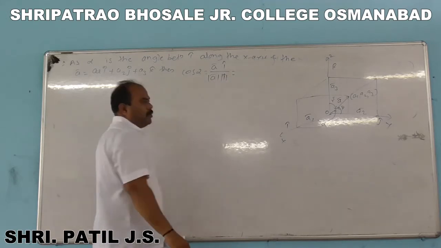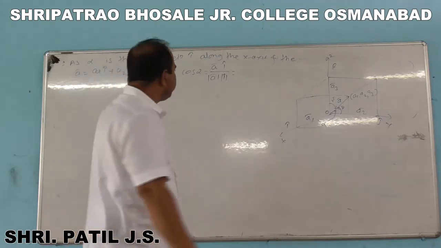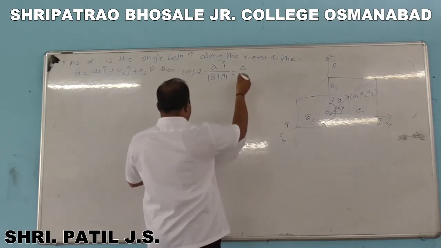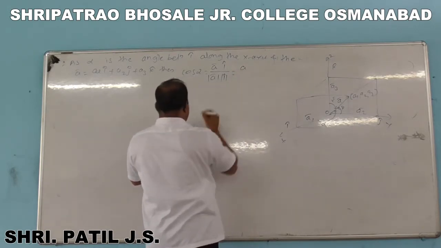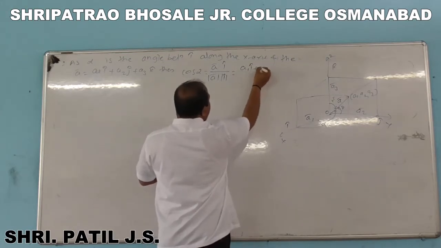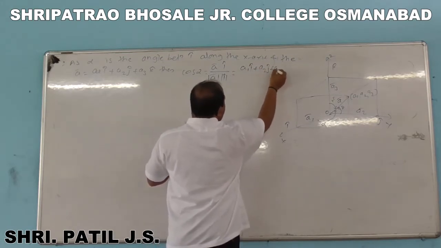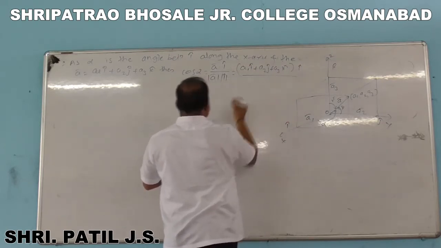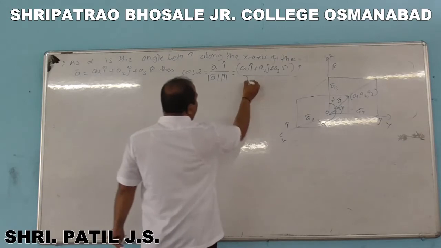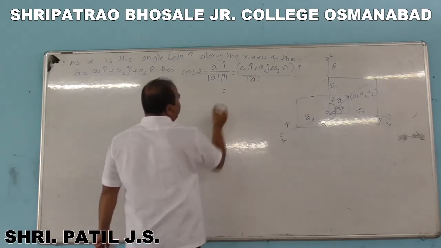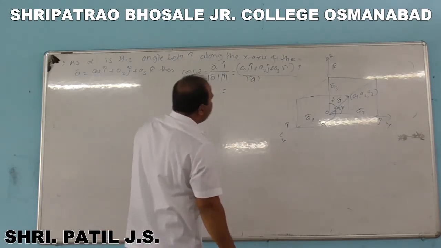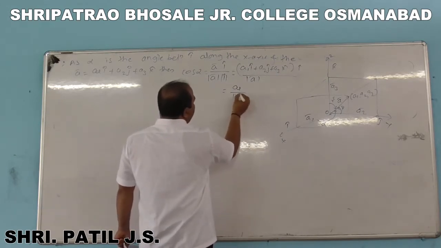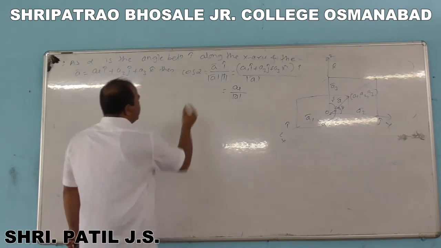You know that magnitude of unit vector is 1. That means this is A1 I cap plus A2 J cap plus A3 K cap dot I cap divided by mod A bar. You know that I dot I is 1. That means this is A1 divided by mod of A bar.